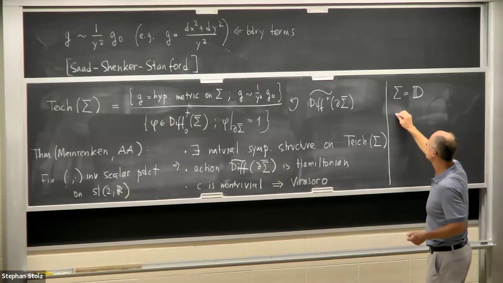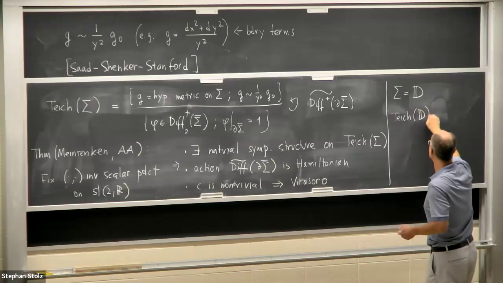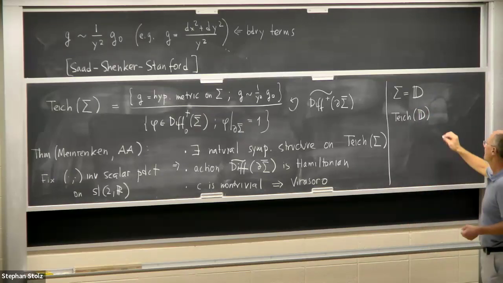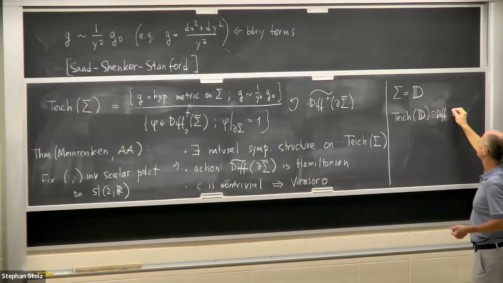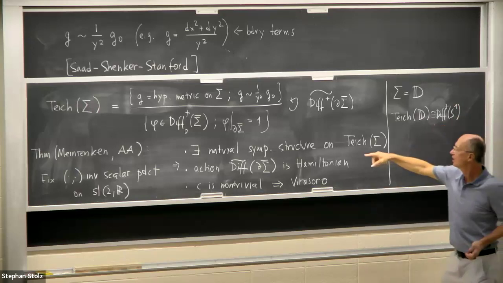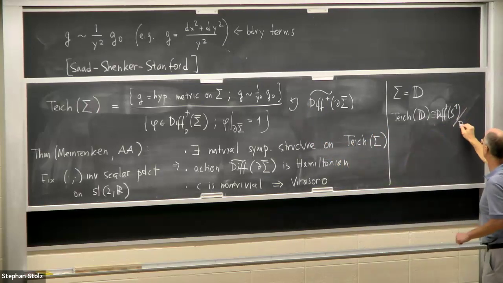In that case, the Teichmüller space of the disk, what can we say about it? On the one hand, it's isomorphic to diffeomorphisms of the circle, without universal cover, quotient by the Möbius group, PSL2R.